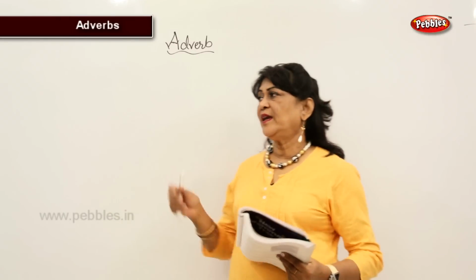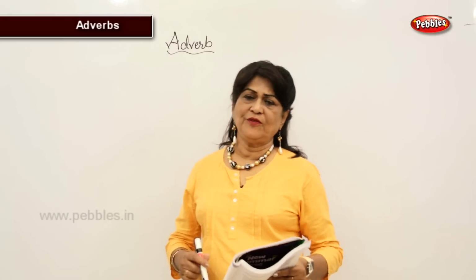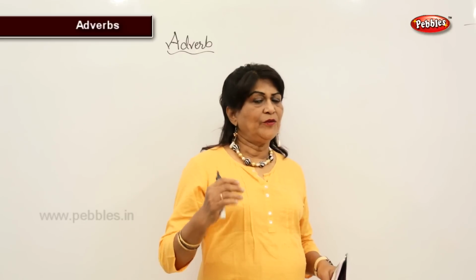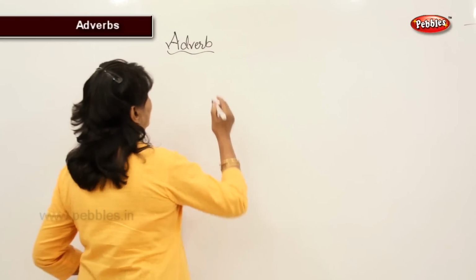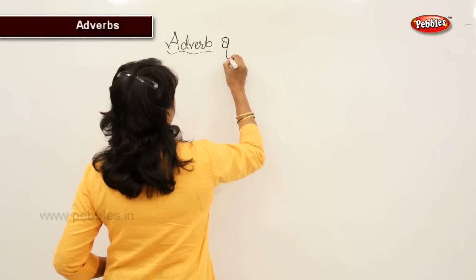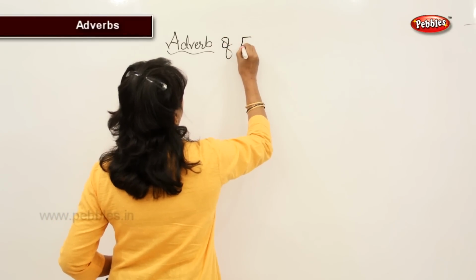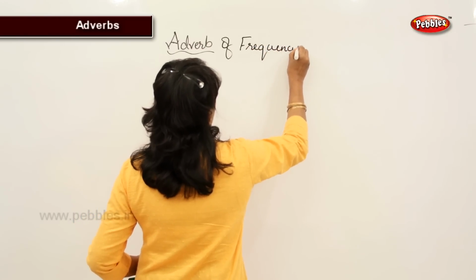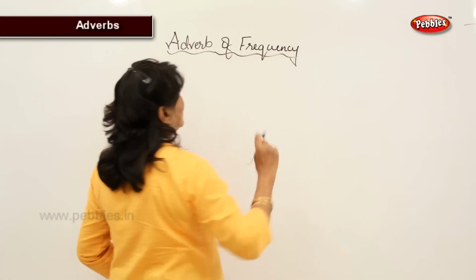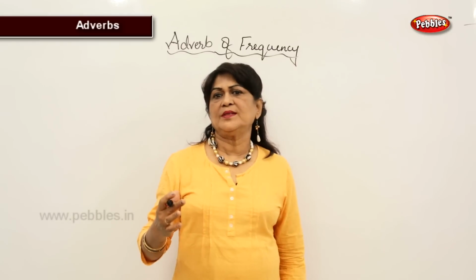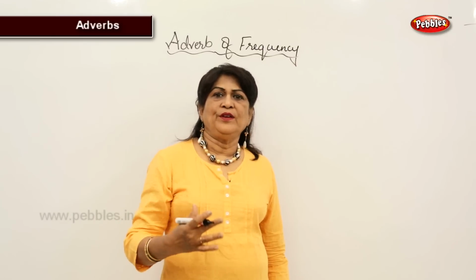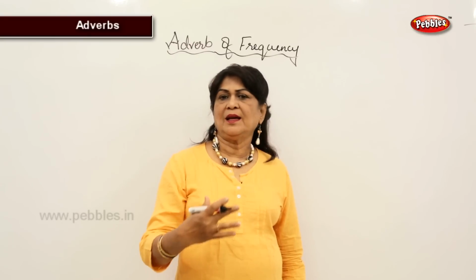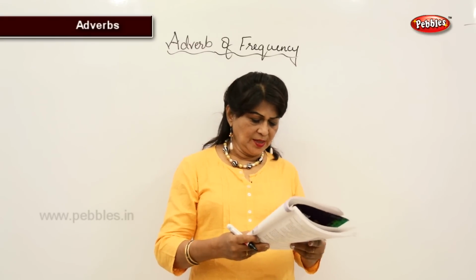Okay, the next kind is adverb of frequency. We saw adverb of time, adverb of manner, now adverb of frequency. Now, what is this frequency? How often, or at what speed things are taking place? That's what it tells.